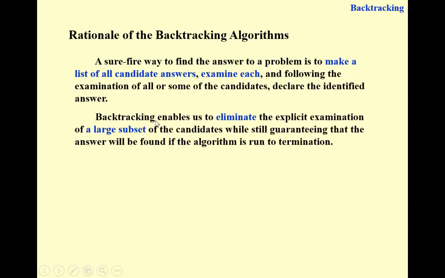Okay, it's a kind of smart searching that can eliminate the explicit examination of a large subset of the candidates while still guaranteeing that the answer will be found if the algorithm is run to termination. This kind of elimination is called pruning. In Chinese, we say it's 减枝搜索, searching with pruning.